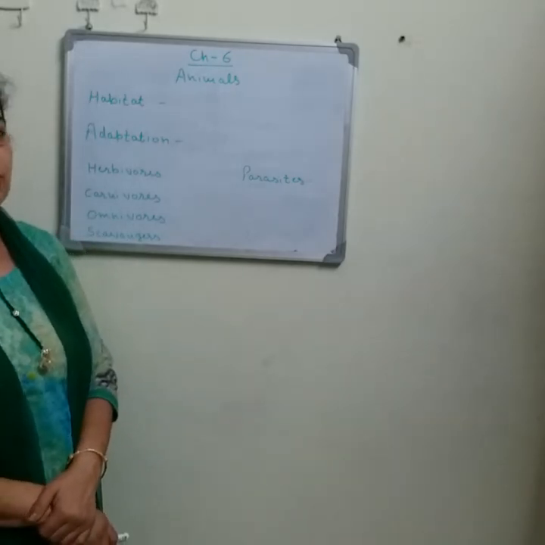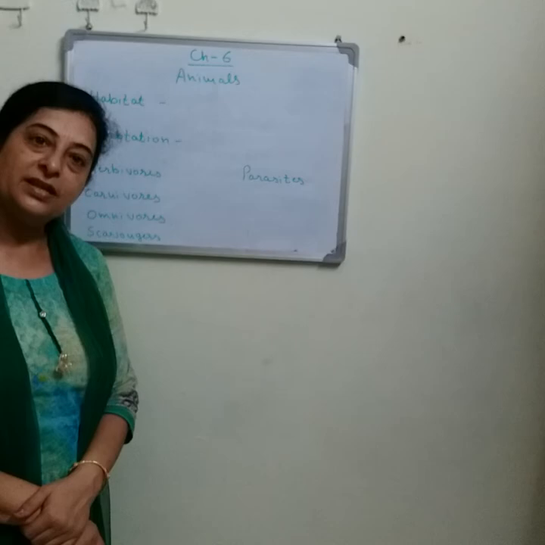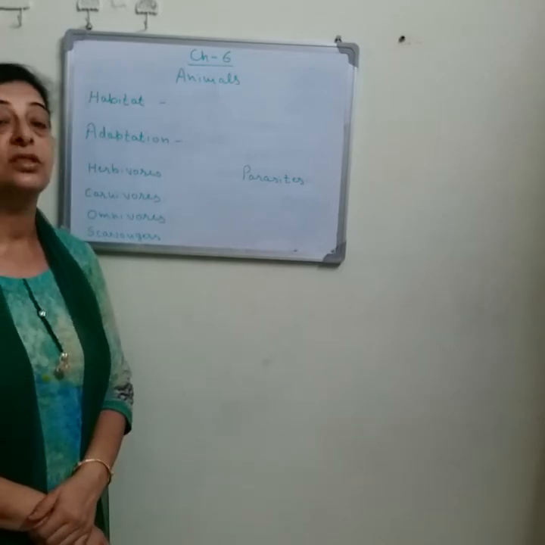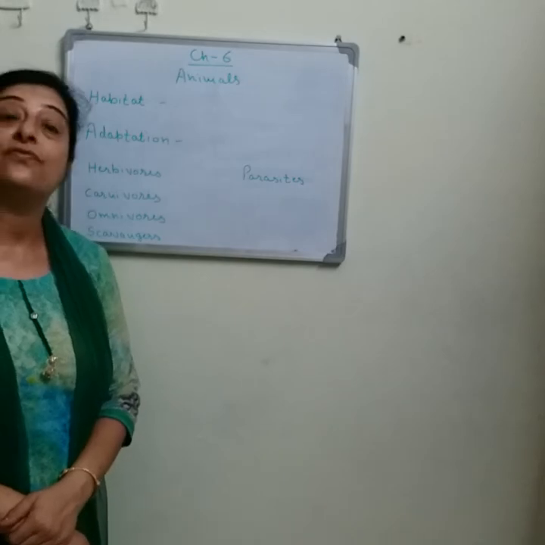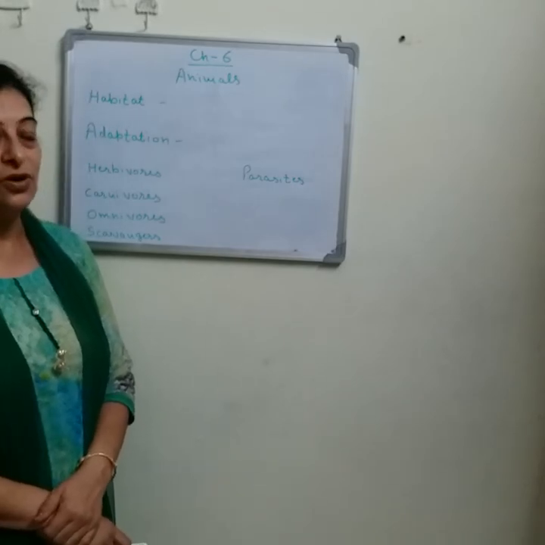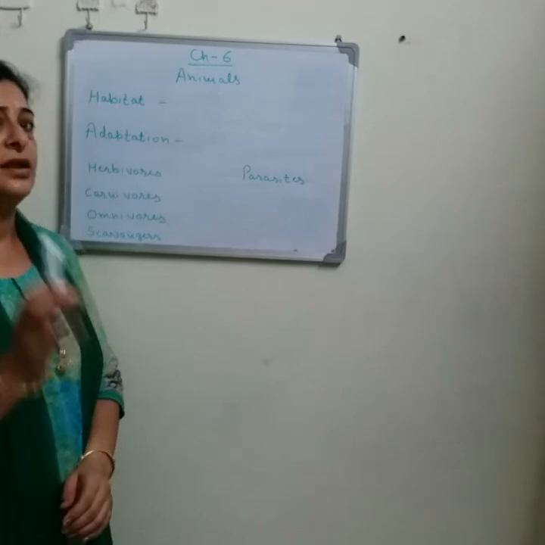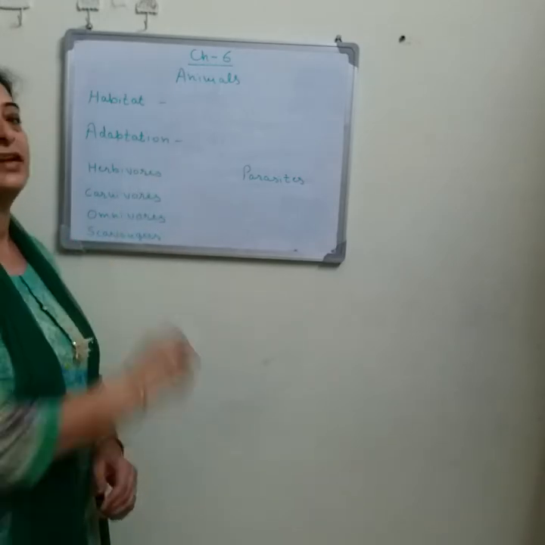When we talk about adaptive features, the first is based on the food habit of animals. As you know, on the basis of food habits, animals are divided into 5 categories.